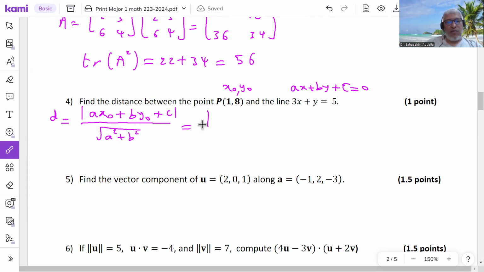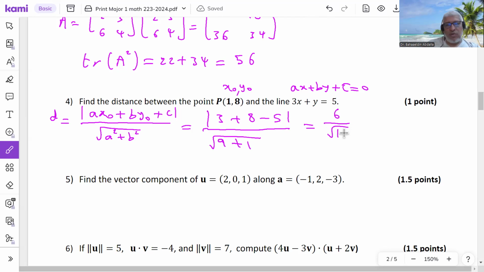This is a formula in chapter 3. So if we apply the formula, we have 3 plus 8 minus 5 over the square root of 9 plus 1. So in fact, the answer would be 6 over the square root of 10.